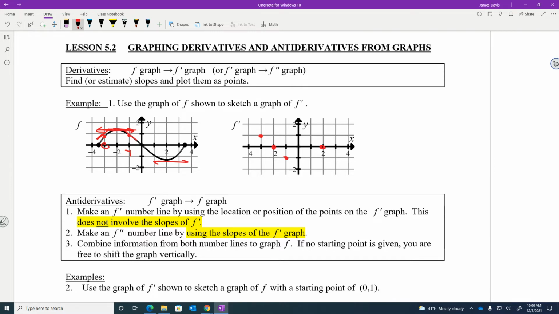At 0, looks like about the same, still about -1 slope. At +1, the slope is still about -1, right? And then we're back up to 0, and then say at 3 here, it's about +1. And then we don't quite make 4. Then we're just going to basically connect the dots.